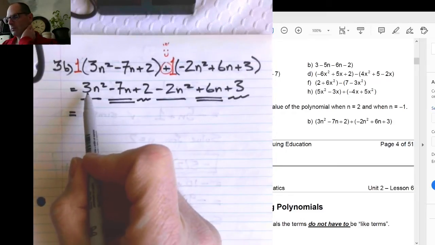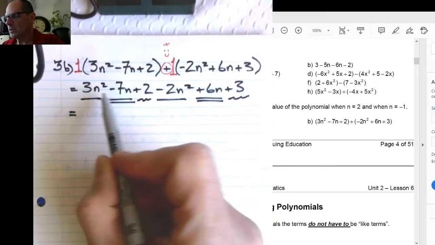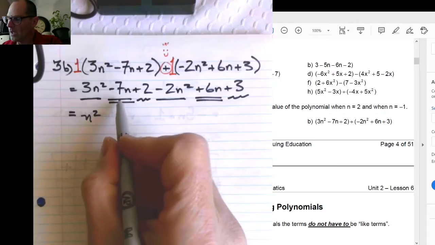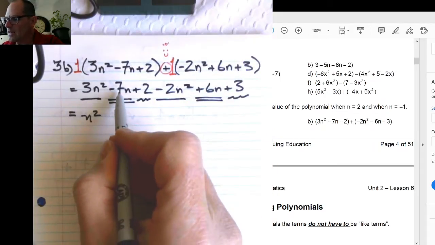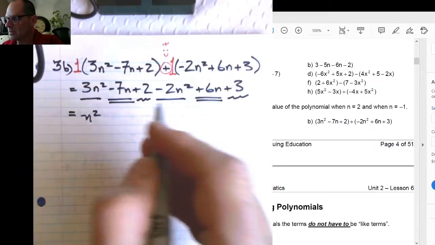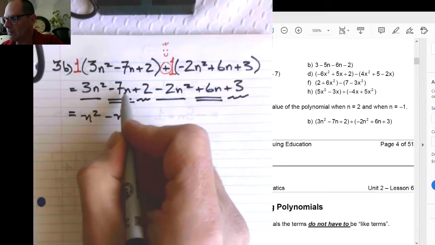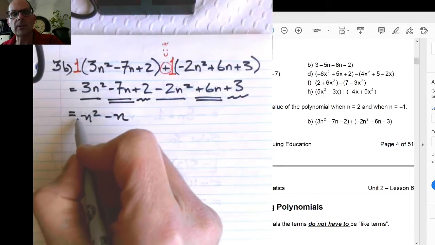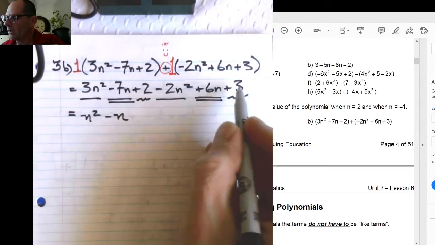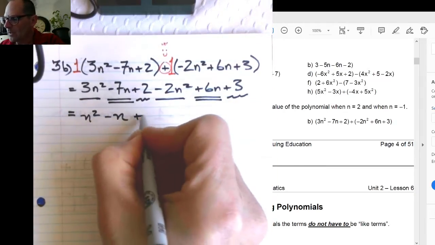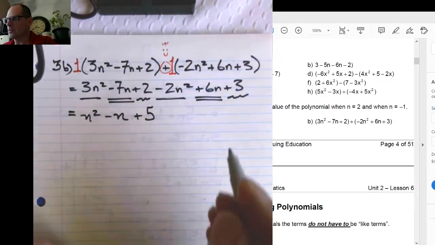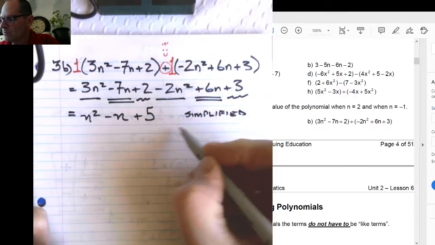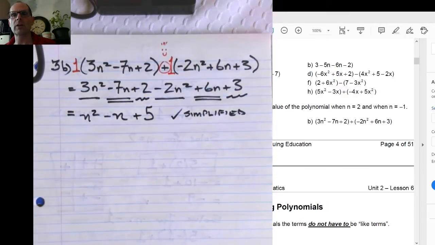So we have positive 3 minus 2 on the n squared terms. 3 minus 2, that's just going to be n squared. On the n terms, we have negative 7 plus 6. So that's just going to leave me with negative n. Negative 7 plus 6 becomes negative 1n. I don't need to write the 1 there. 3 and 2, when I add those two together, I get plus 5. So there's my simplified expression done. That's the first part of the question.